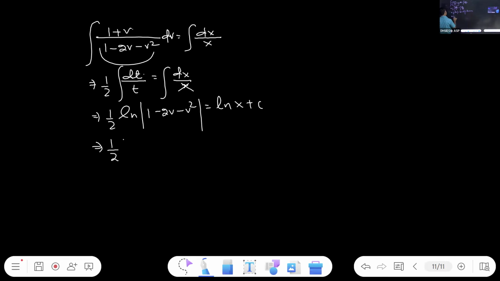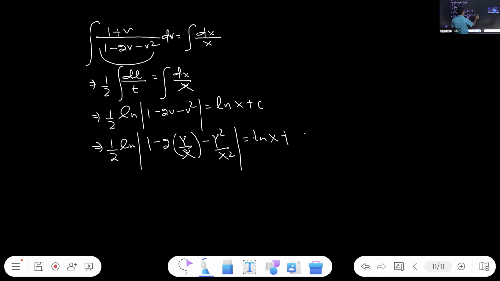So 1 by 2 ln (1 minus 2 into y by x minus y square upon x square) is equal to ln x plus c. Okay. This is all about your homogeneous differential equation.